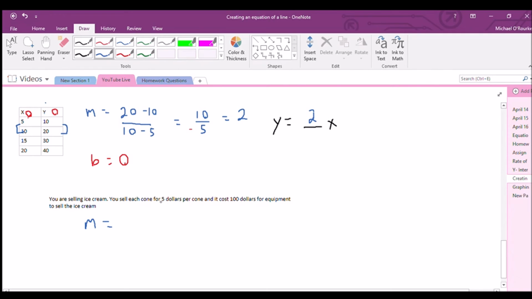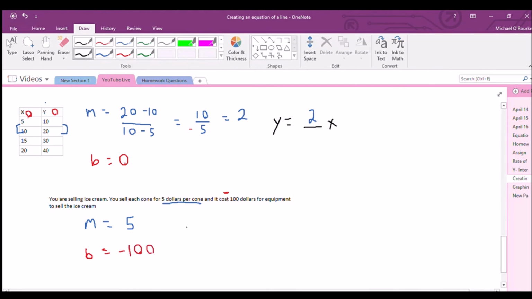Well, there's my per, right? So it's 5 here. And then my initial value: it costs you $100 for equipment to sell the ice cream. Well, it's a cost, that's going to be negative. So my initial value is going to be minus 100.